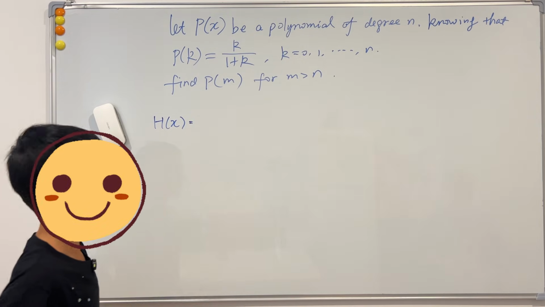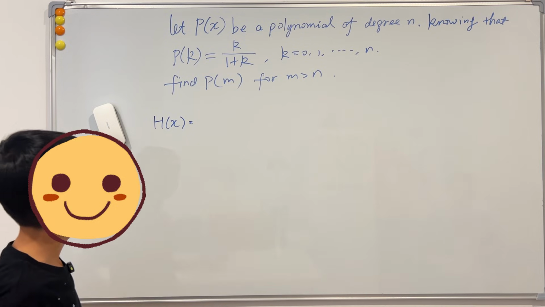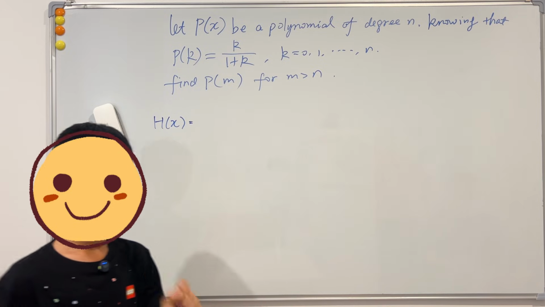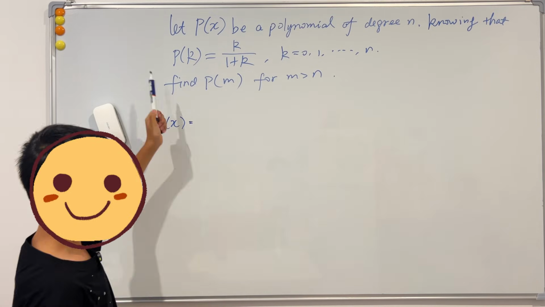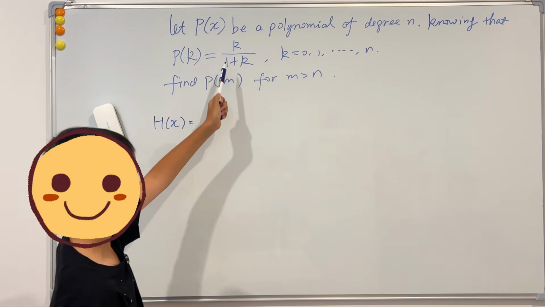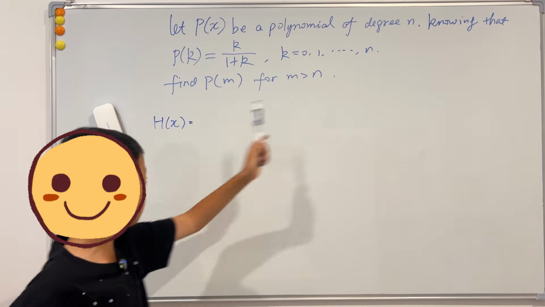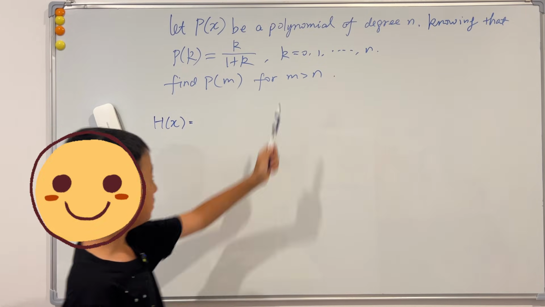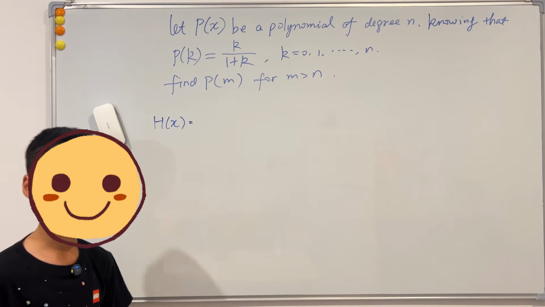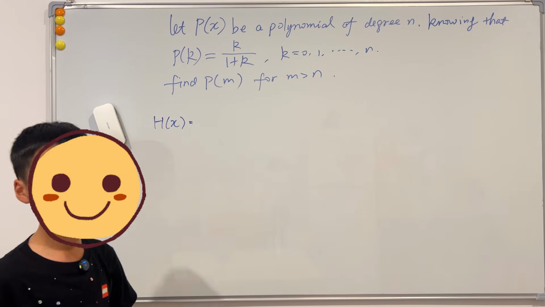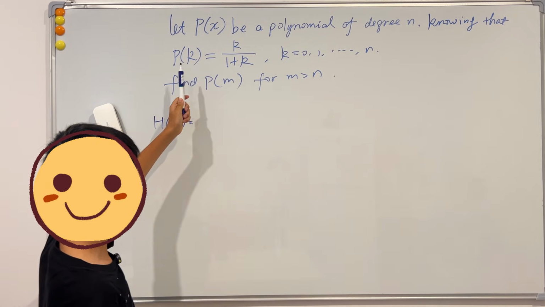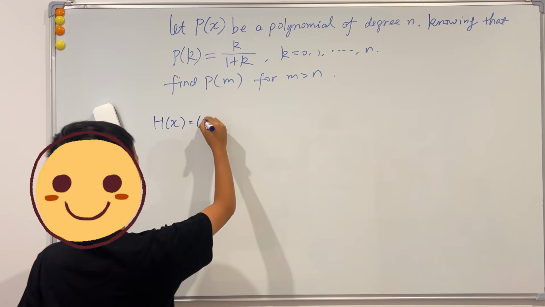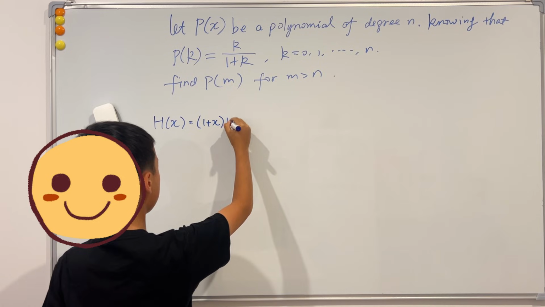Well, if we notice, when these values are equal to k or 0 to n, then p of k transforms into this. Now, to make these roots of h of x, then we want this polynomial, if we plug in these values, to be equal to 0, right? And we can take advantage of p of k being this, because all we have to do is make 1 plus x times p of x.